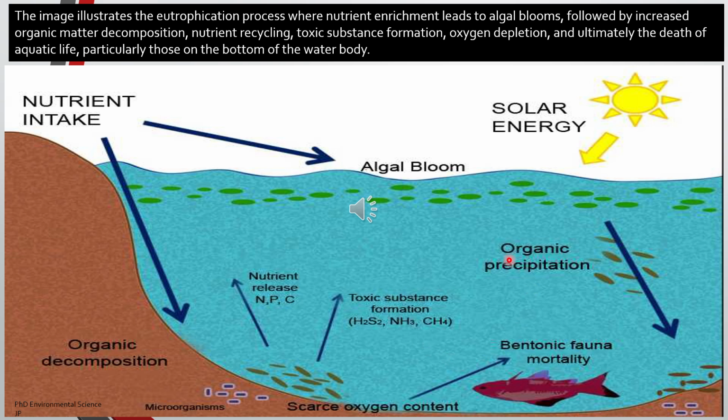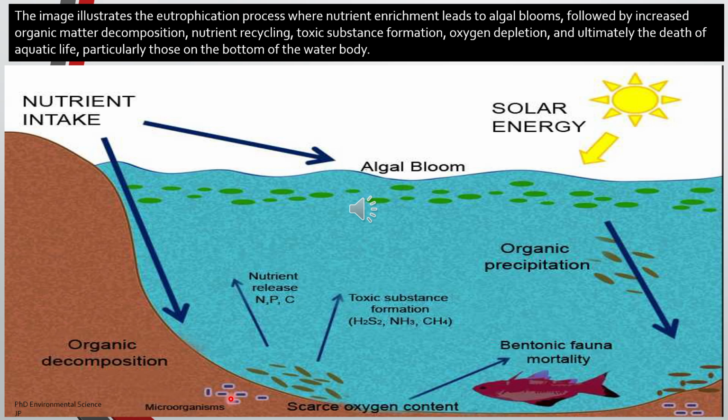Then organic precipitation. As the algae die, they sink to the bottom of the water body. The accumulation of dead organic matter on the bottom leads to increased organic decomposition. Organic decomposition: microorganisms break down the dead algae and other organic materials.